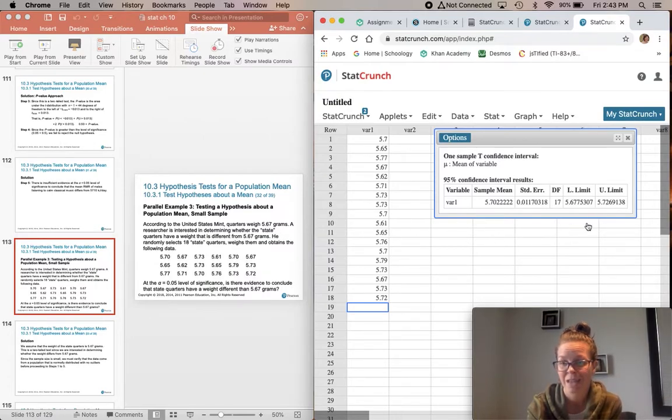Well, 5.67 is just smaller than that lower limit, so it's outside of our confidence interval. So if we are 95% confident that the mean of these state quarters is between these numbers, well, that doesn't include the 5.67. So we're 95% sure that 5.67 cannot be right, it must be different.